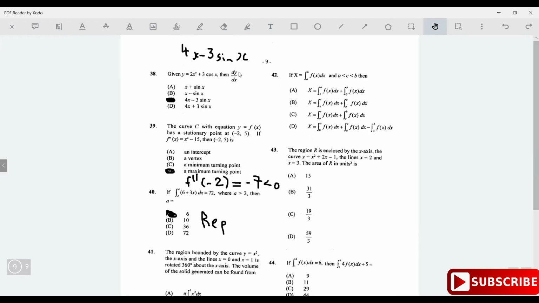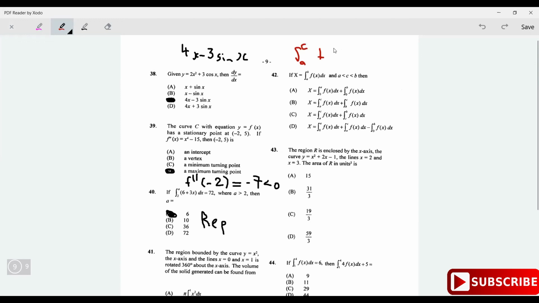All right, this one now, it says that we have the integral from a to b of f of x, and a is less than c, which is less than b. So we can break it up as the integral from a to c plus the integral from c to b. That's how you can integrate it.